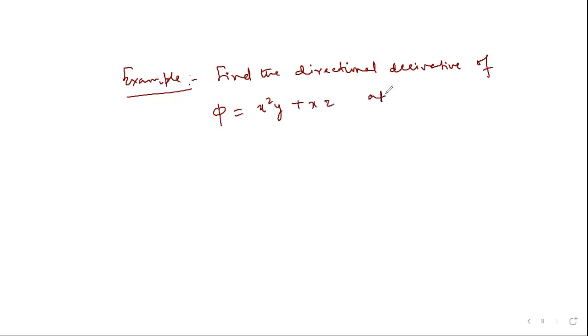My example is: find the directional derivative of phi equal to x square y plus xz at 1, 2, minus 1 in the direction of vector a equal to 2i minus 2j plus k, right?